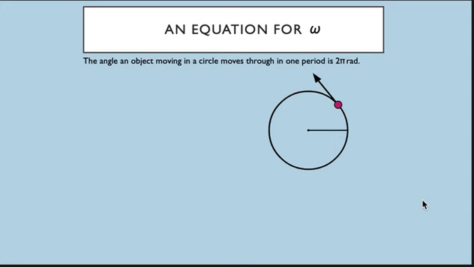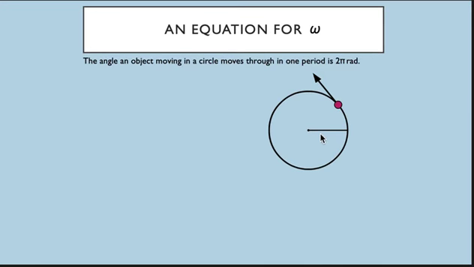So we just found an equation for v, our instantaneous velocity. Let's see if we can find an equation for omega, the angular velocity. The angle an object moving in a circle moves through in one period is 2 pi radians.